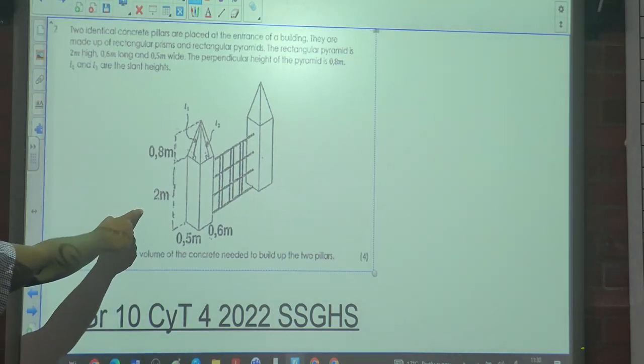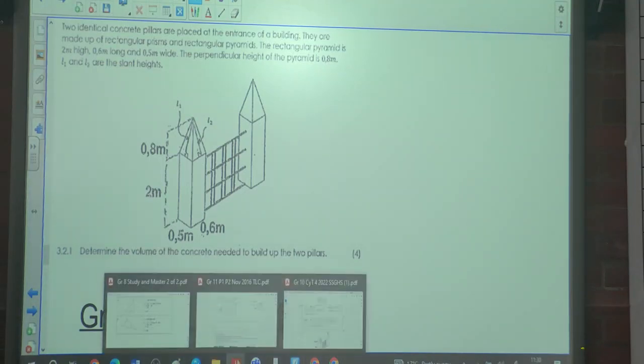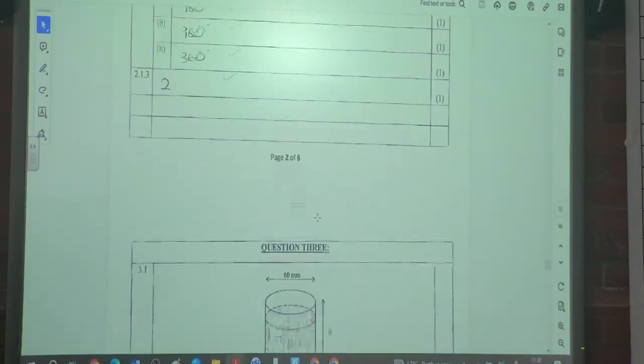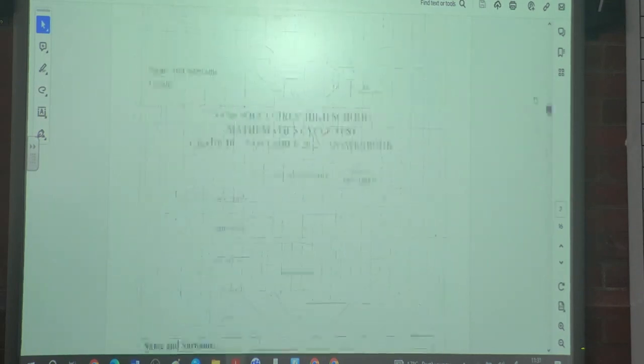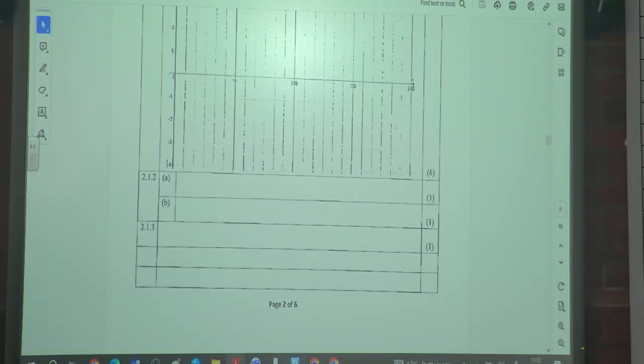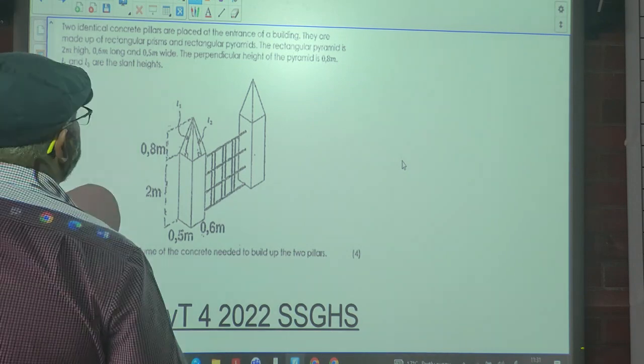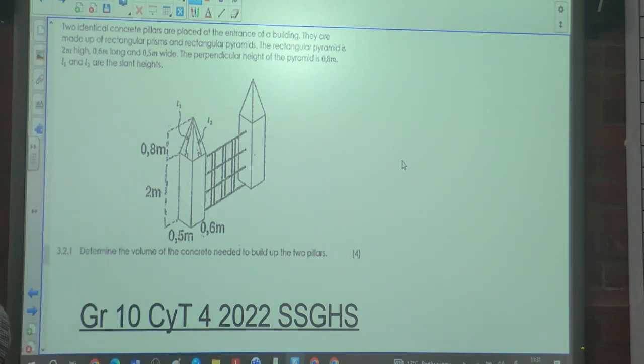Right, people, let's look at the next one. 2 identical concrete pillars are placed at the entrance of a building. Let's see quickly how long this paper is. Okay, 2 identical concrete pillars are placed at the entrance of a building. They are made up of rectangular prisms and a rectangular pyramid.